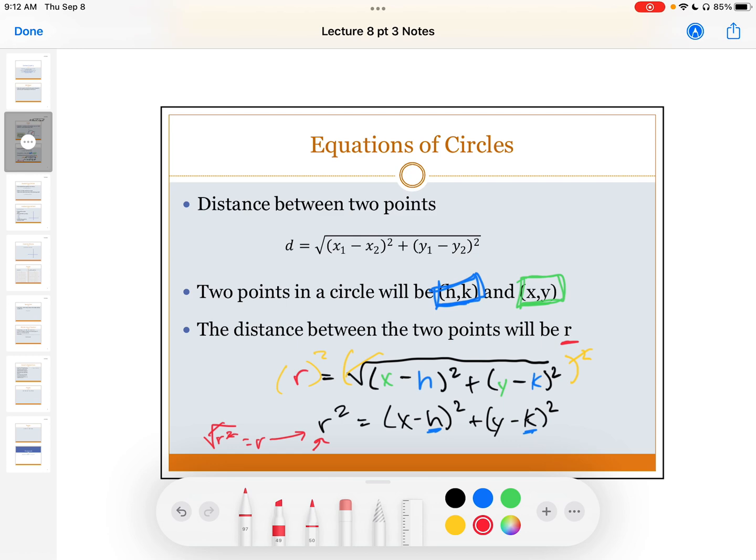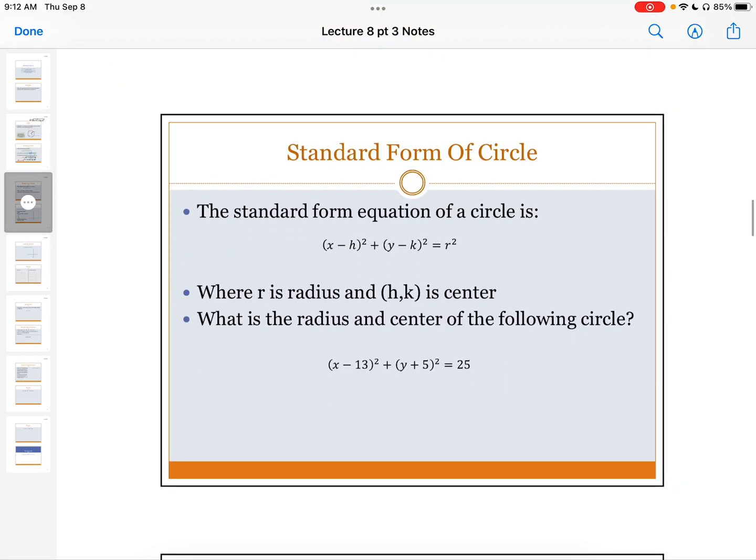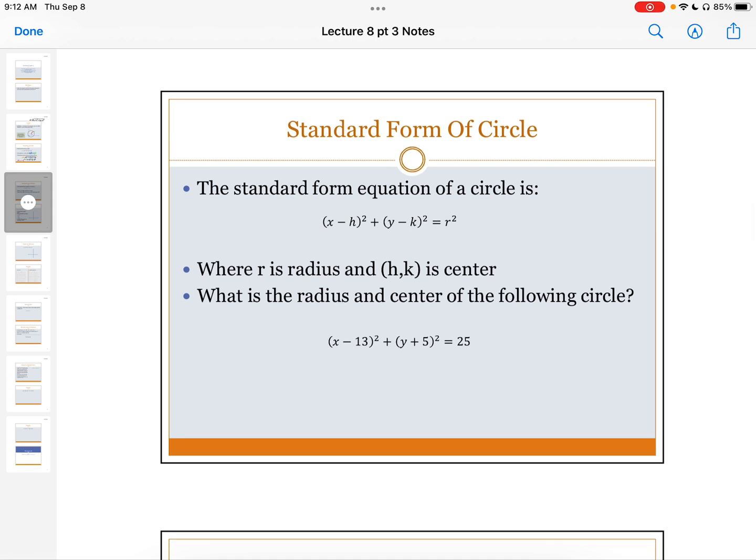Okay, so just to kind of summarize, we'll go down to this next slide here. Okay, it says that the standard form for the equation of a circle is x minus h squared plus y minus k squared equals r squared. So they want to know, based on this example down here, x minus 13 squared plus y plus 5 squared equals 25, what is the center and the radius for the circle?